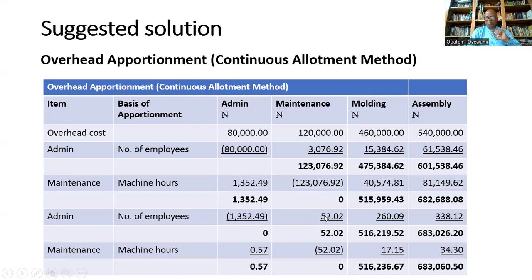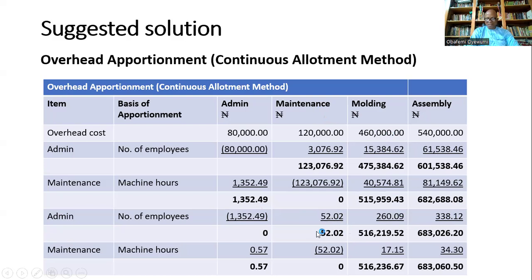You use the appropriate parameters as well, the ratios. We're going to now have 52 being shared to maintenance, 260 naira being shared to molding, and then 338.12 being shared to assembly. So that gives us a new figure for maintenance.